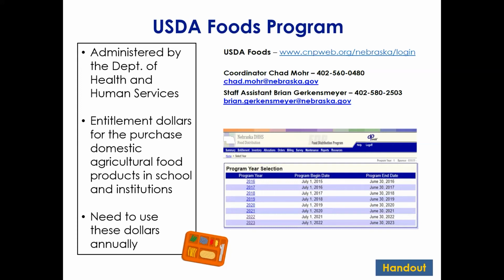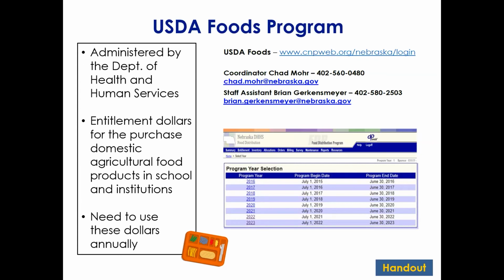The USDA Foods program, otherwise known as commodities, is administered by DHHS, the Department of Health and Human Services. It's not administered by us or the Department of Ed. Basically it means that you get entitlement dollars for the purchase of domestic agricultural food products in schools and institutions, and you need to use those dollars annually.